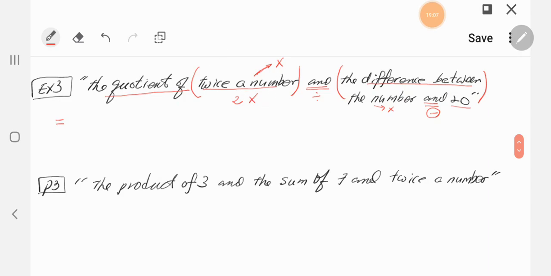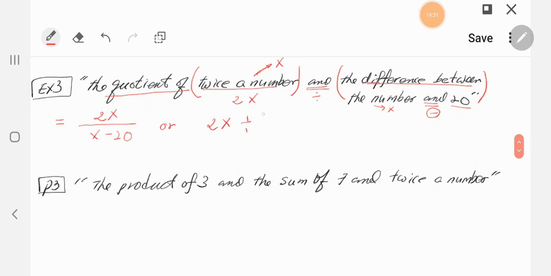So the quotient. The first expression will be the numerator. So twice the number is 2x, divided by the second expression, which is the subtraction, the difference. So x minus 20. Right? Or you can write it as 2x divided by the divisor.